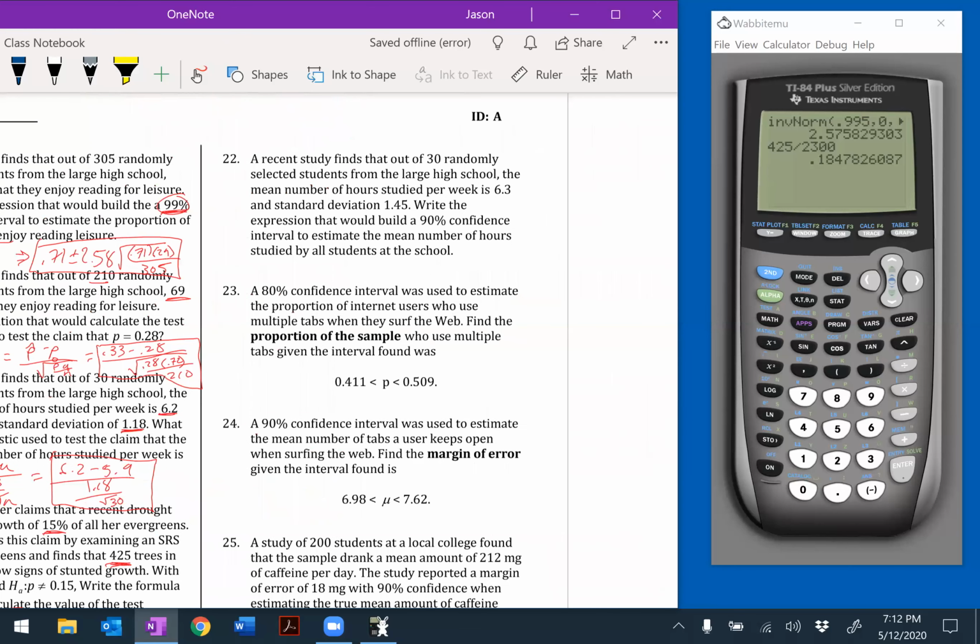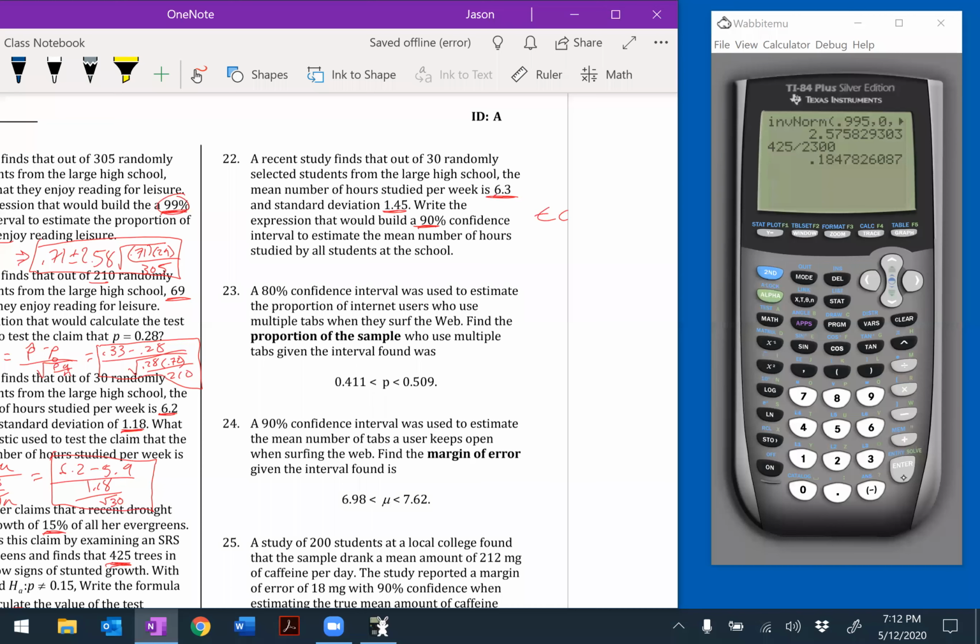Okay, 22. A recent study finds that out of 30 randomly selected students from a large high school, the mean number of hours studied per week is 6.3 with a standard deviation of 1.5, right? Write the expression that would build a 90% confidence interval. Okay, so this is going to be a T distribution because it's a mean.